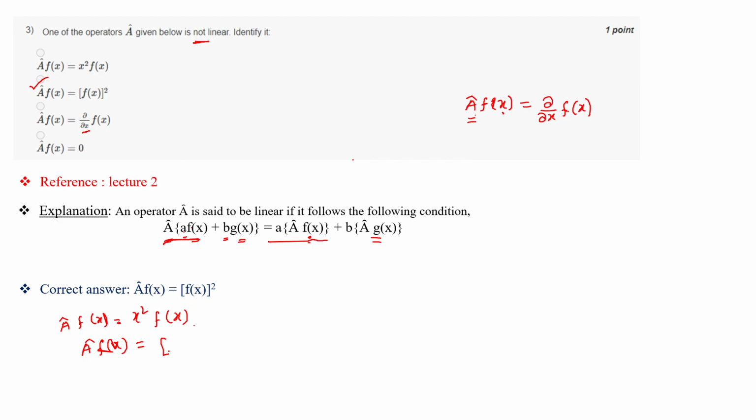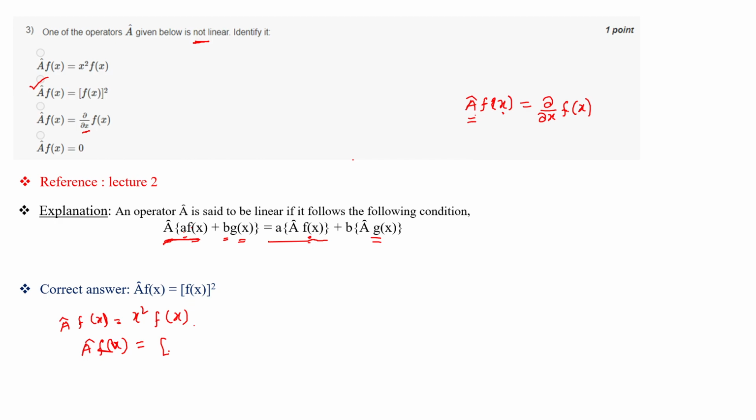But in the case of A of f(x), I am writing it cleanly so that everybody can answer. A of f(x) equals 0. Here what I have said is that the function will come back, but the function is not coming back.